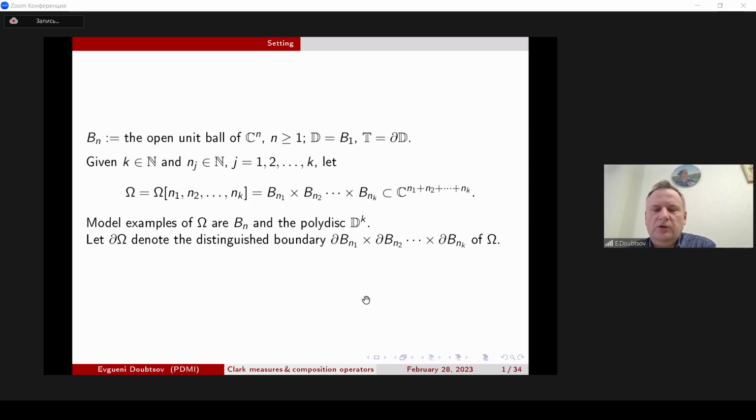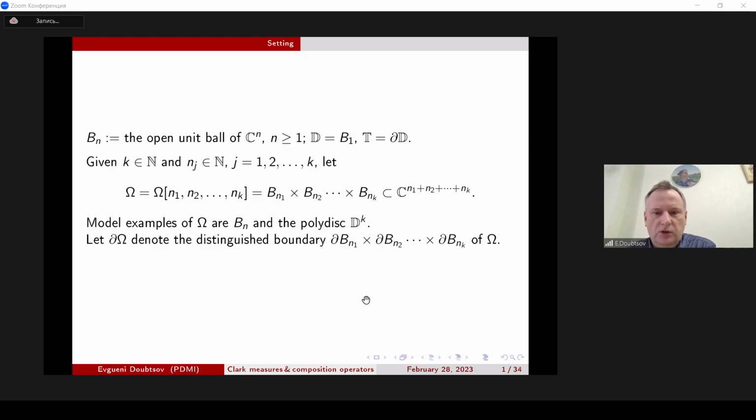And it is well known that, say, in the case of the polydisk, this is the right object to consider if you want to develop certain theory like Cauchy integrals, Poisson integral. So this is the right boundary where the function and the corresponding kernel should be defined.